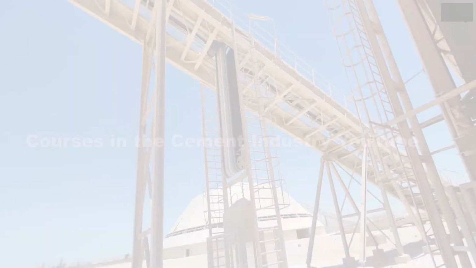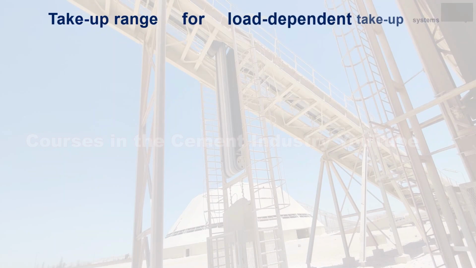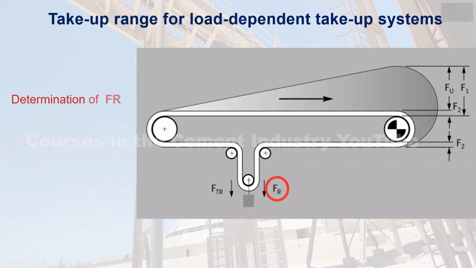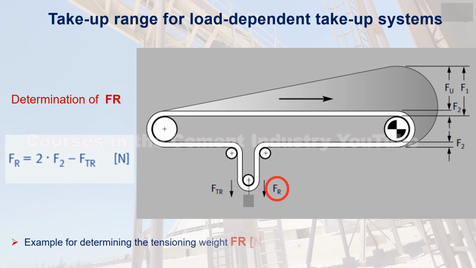We follow together take-up range for load-dependent take-up systems. Determination of Fr. The main equation, equals. Example for determining the tensioning weight Fr, in Newton, with a 180-degree arc of contact.